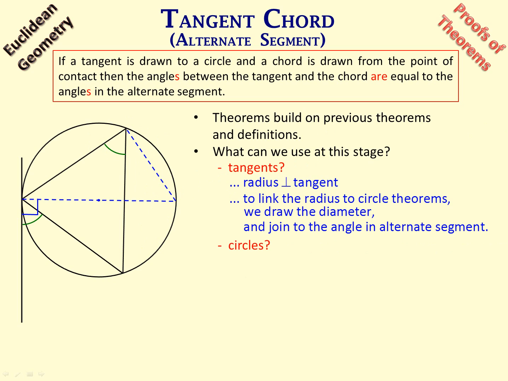Now we can go to circle theorems and ask, what circle theorems do we know? And immediately we see a diameter, and diameter should set off a thought pattern that says, hang on, diameter means angle in semicircle. So that is a right angle. Angles in the same segment: if you have a look here, there's this familiar bow tie type pattern.